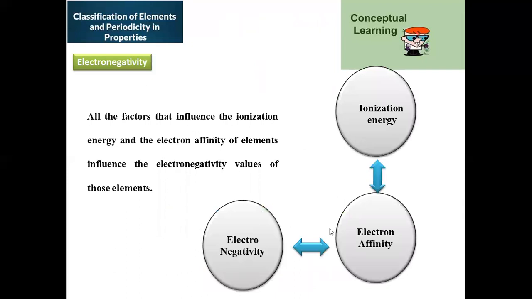Now, if you go with electronegativity, what kind of parameters will show an impact on electronegativity values? As we discussed for ionization potential, five different parameters influence these values. In a similar manner, these can be employed and extended to electron affinity and electronegativity as well.